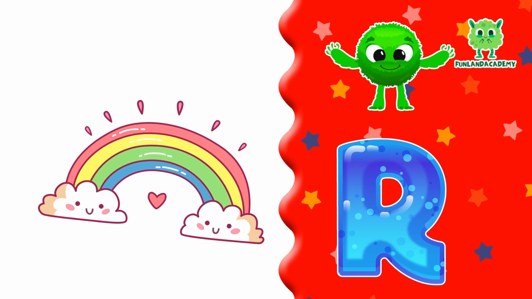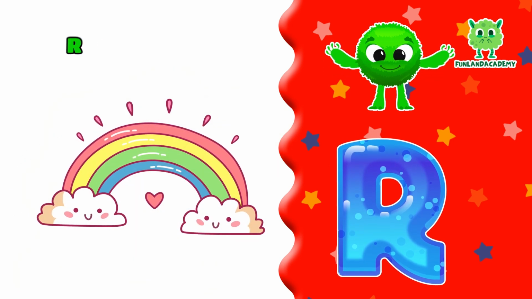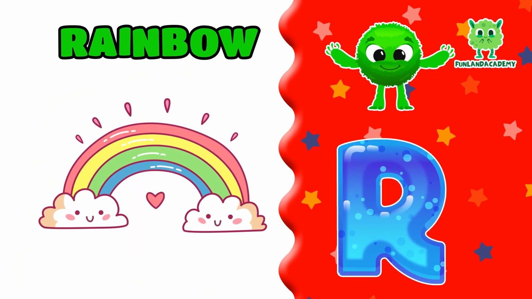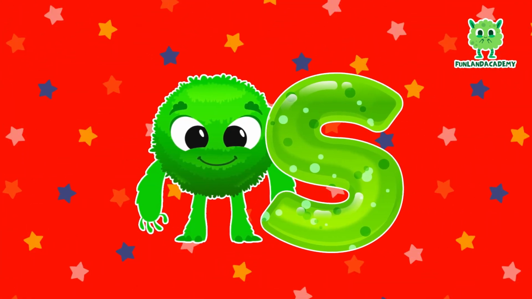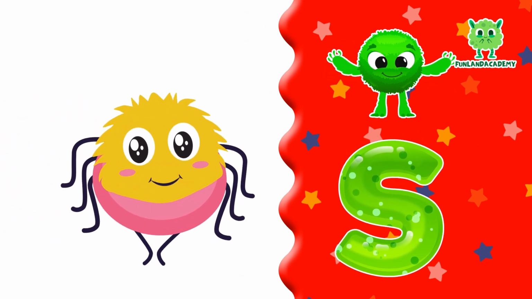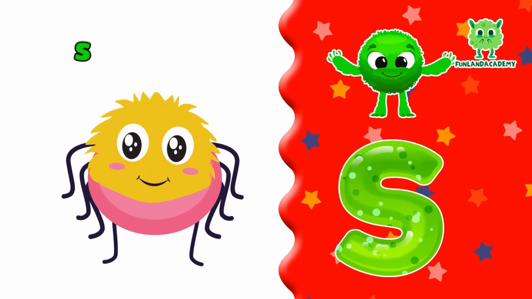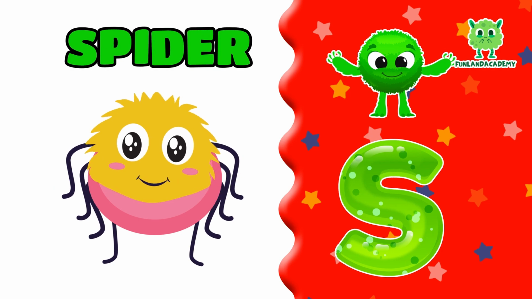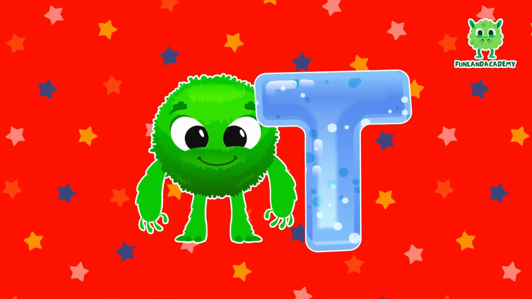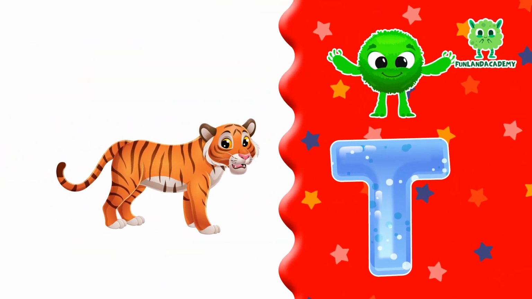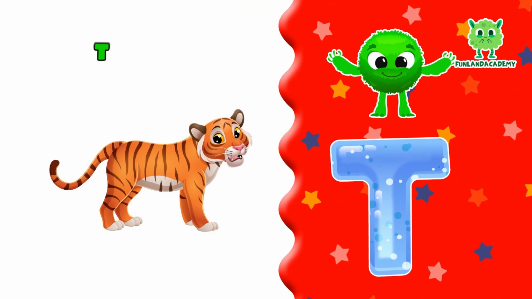R. R is for rainbow. S. S is for spider. T. T is for tiger.